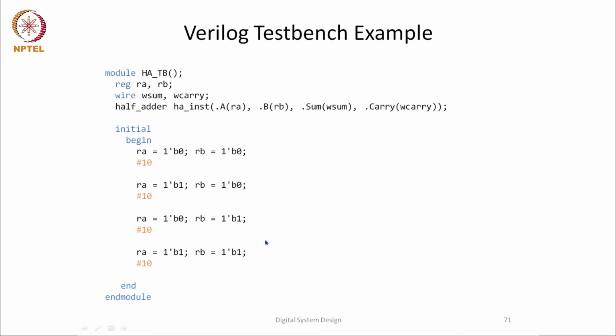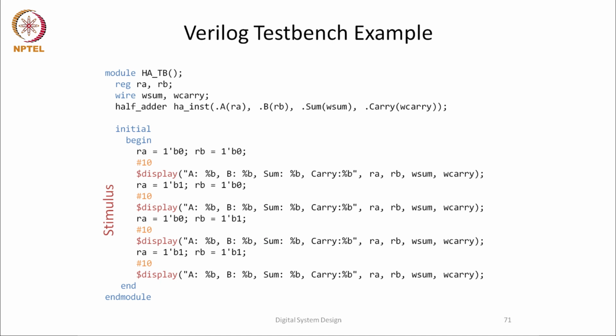And then the question would be, how do we see what is the output? For seeing the output, one particular method is we can use printf kind of statements. The printf in Verilog is written as $display. After that, the syntax is very similar to C. You can write inverted commas, A and then %b, which means the output would be written in binary form.